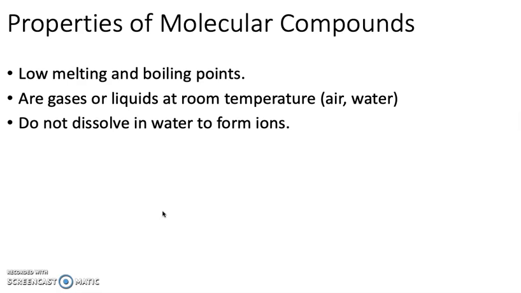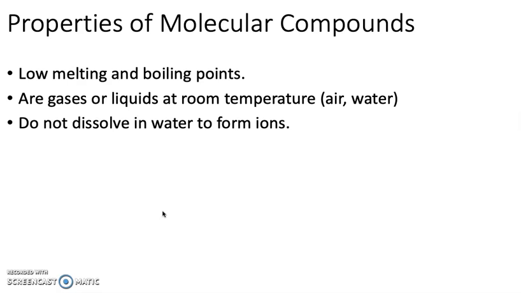They do not dissolve in water to form ions. Ionic compounds, when they dissolve in water, form positive and negative ions, like you guys drew out. In this case, molecular compounds, if you take sugar and dissolve it in water, it will not conduct electricity because the sugar molecule does not break apart. It does dissolve in the water, okay?